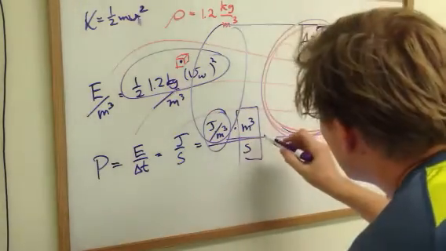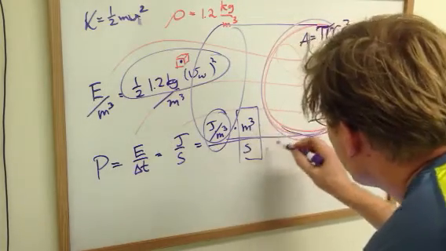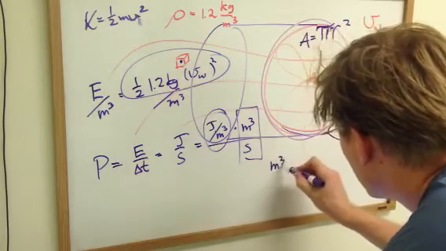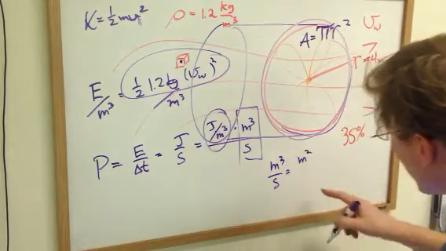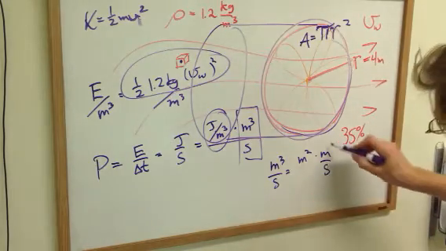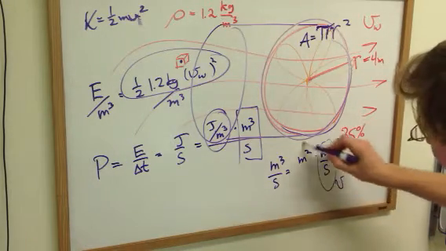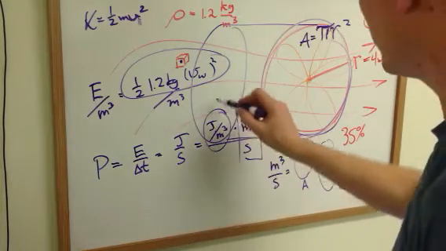So this meters cubed per second is actually equal to square meters times meters per second. This is a velocity, this is an area, this is our energy density.